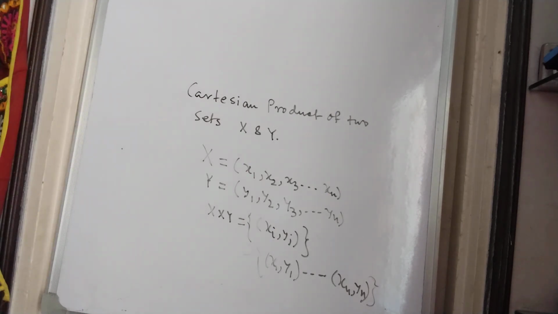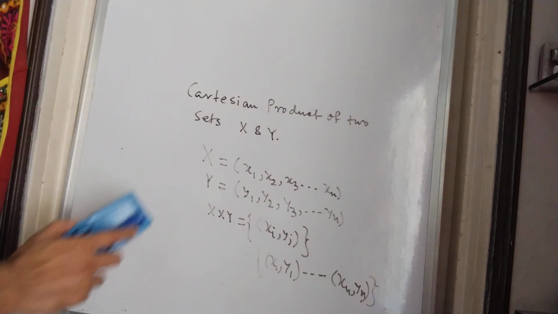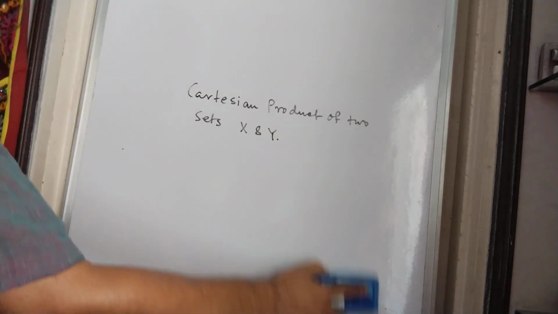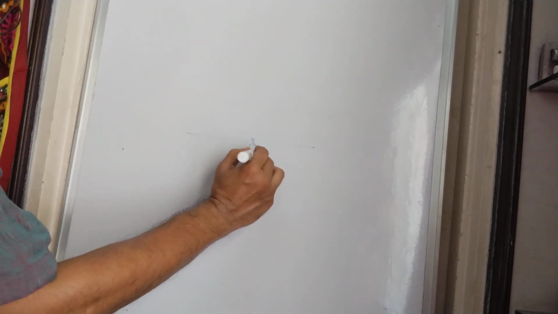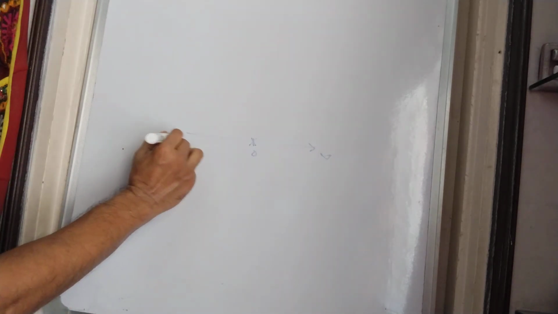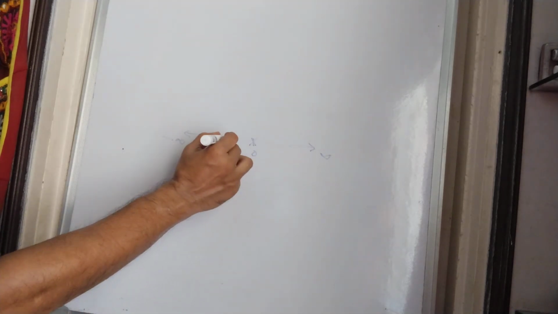Now, what is the utility of this Cartesian product of two sets X and Y if we apply this concept to real life? I'd like to emphasize that if we consider the real line R, let us take the real line and only the positive integers and negative integers on it.